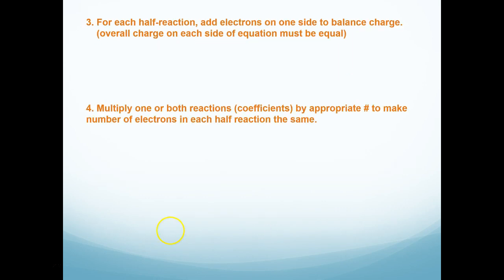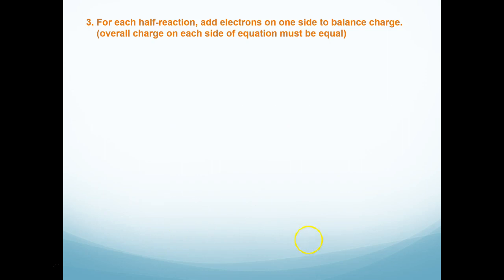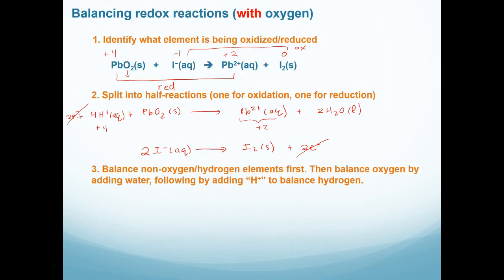I'm going to go ahead and do the last step, which is cancel out the electrons and combine the half reactions. So let's do that. I'm adding everything up on the reactant side.